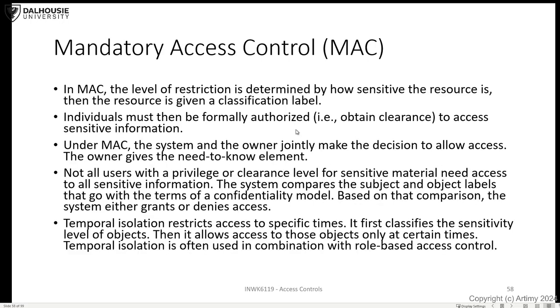Right? All right, so let's take examples of the different access control mechanisms or models. So in the mandatory one, the level of restriction is determined by how sensitive the resource is. And usually the data, when it's generated, is given a classification label. Right? And you can see this in the movies, in the media, or sometimes in the news.